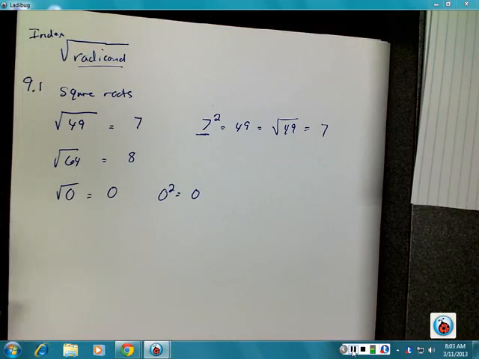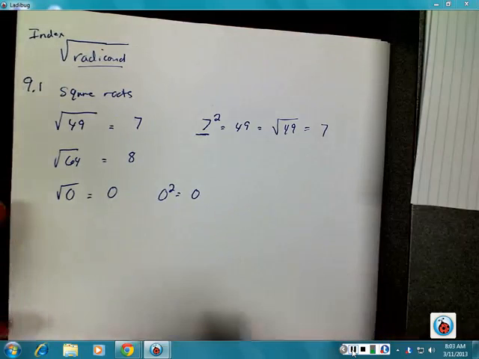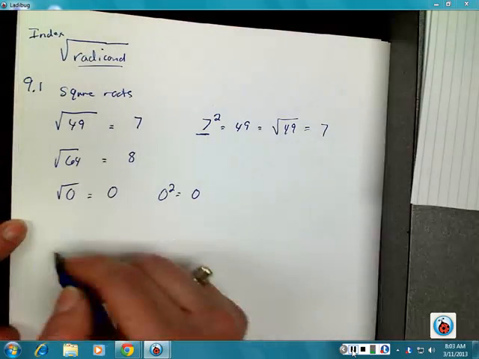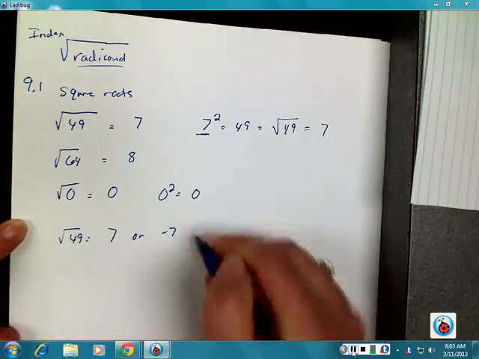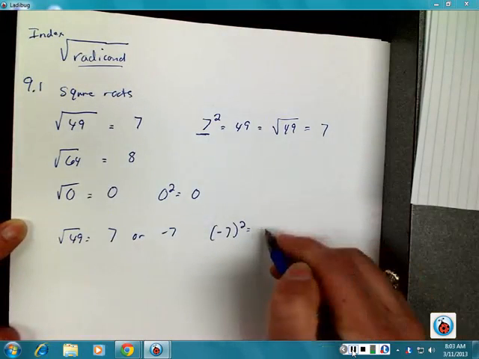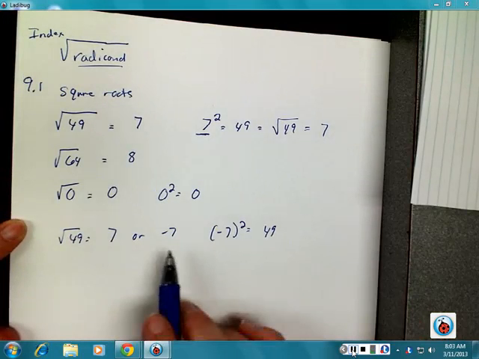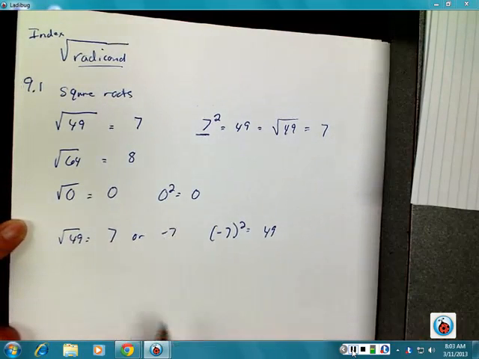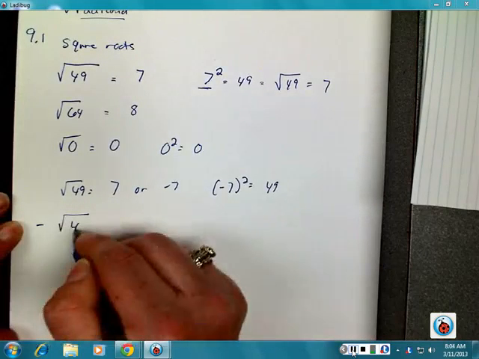Now, realize that you have to be careful, because actually, the square root of 49 could be a positive 7, or it could be a negative 7, because if I take a negative 7 and square it, I also get 49. In most cases in Hawks, it's going to tell you that you will not worry about this part unless you have the negative square root of 49.